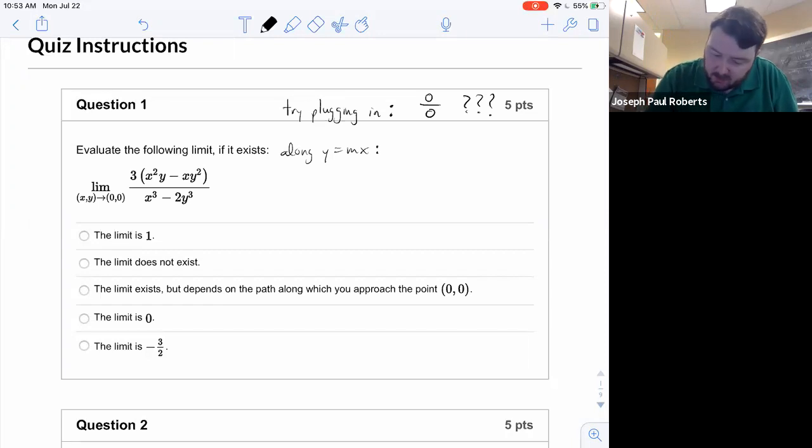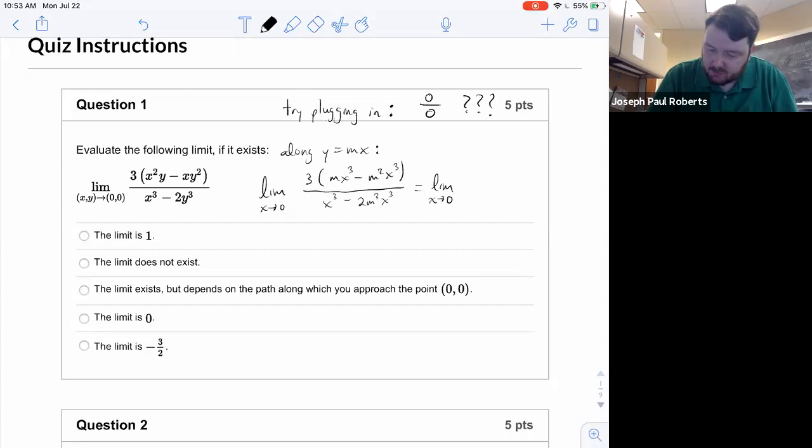So anyway, along y equals mx, the limit as x goes to 0 of 3 times mx cubed minus m squared x cubed over x cubed minus 2m cubed x cubed. Notice that there's a factor of x cubed on absolutely everything. So after we cancel out an x cubed, we get 3 times m minus m squared over 1 minus 2m cubed.